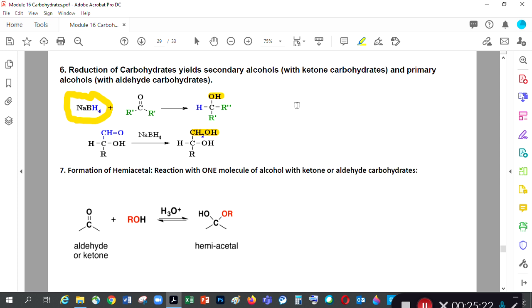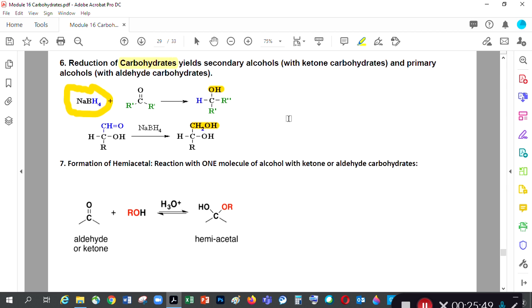So the reduction, again, let me repeat, the reduction of carbohydrates, if they are keto carbohydrates, will yield secondary alcohol. If they are aldehyde carbohydrates, they will yield primary alcohol, the same as the normal reactions with a real normal ketone and aldehyde.